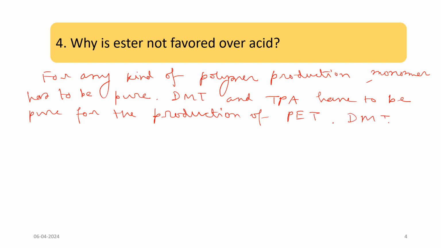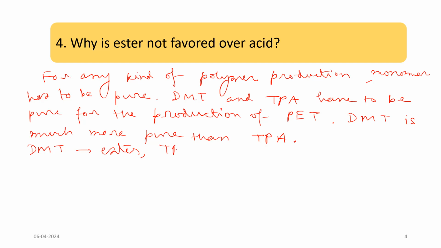And DMT is much more pure than TPA. Okay. So monomers for synthesis of polyester are some of the purest and most abundant compounds. So DMT is the ester and TPA is the acid. Okay. So DMT is obviously pure. But what happens?